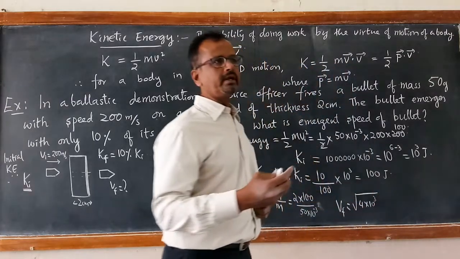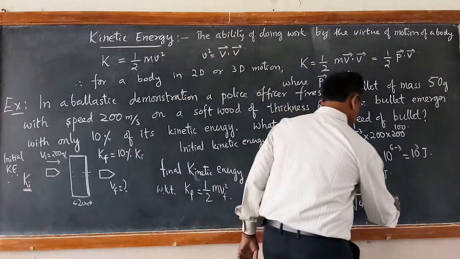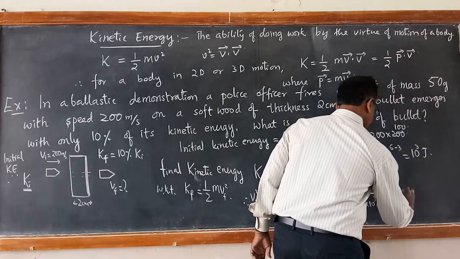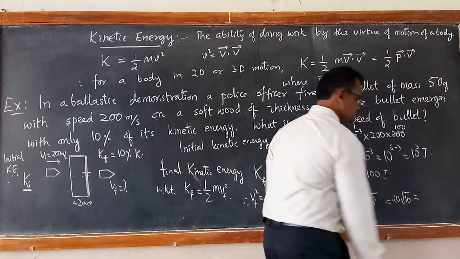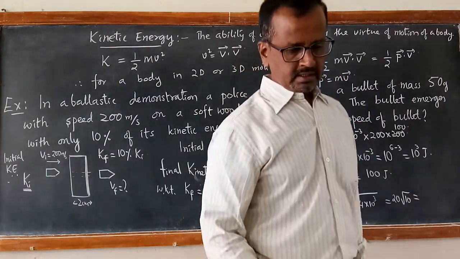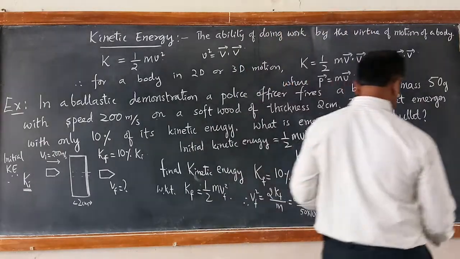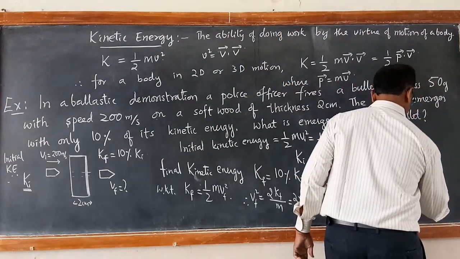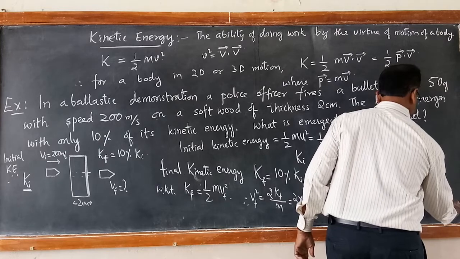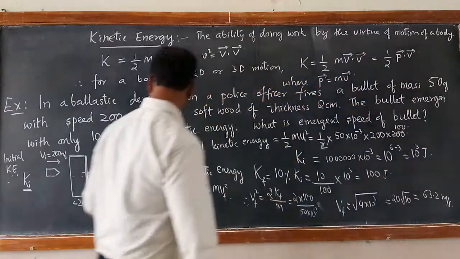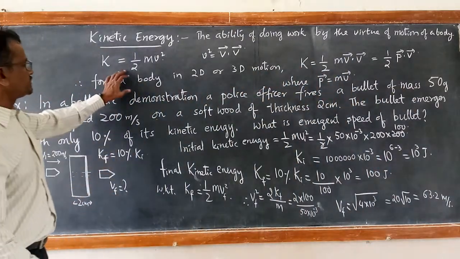So 20 into 20 is 400, and it becomes 20 root 10. If you calculate this, 20 root 10 comes out to be 63.2 meter per second. So that's how we can calculate the problem with the help of the meaning of kinetic energy.